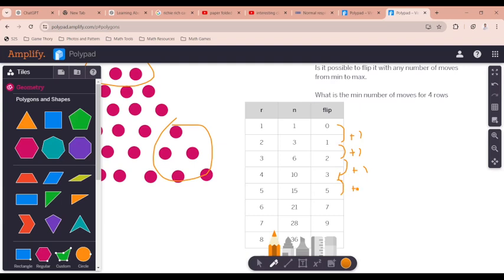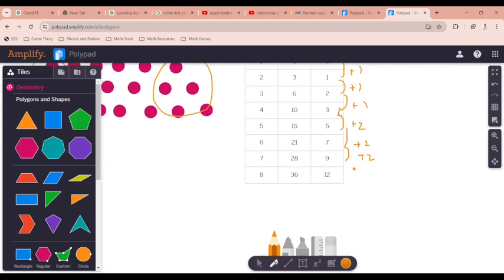Now it started becoming +2. Oh, wow. I have a feeling. Now this is +3. Plus 3 will be 15. So if this continues, it should be +3, which is 15.